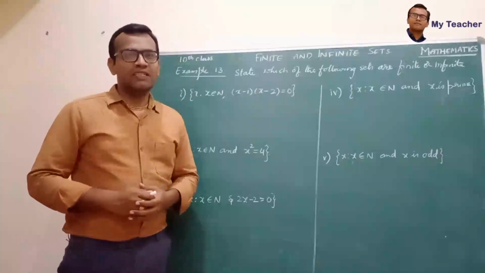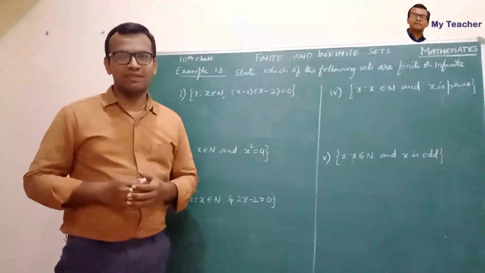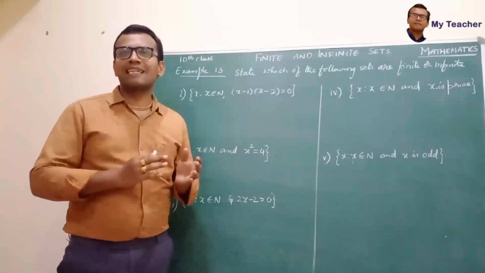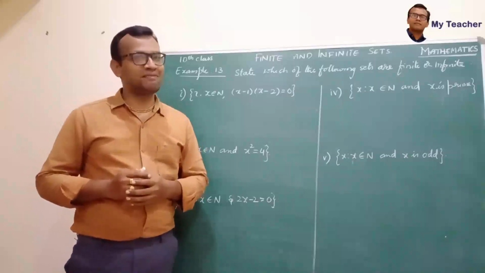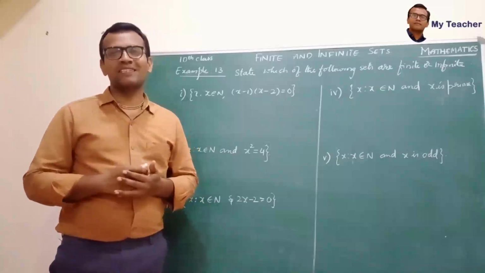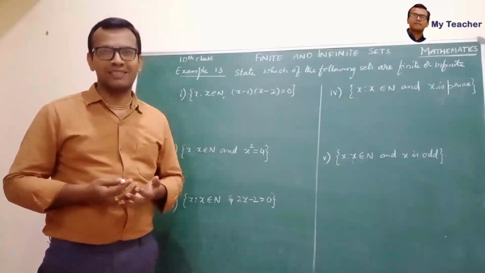So if a set contains a finite number of elements, expressed in whole numbers, it is a finite set. Otherwise it is an infinite set, which contains infinitely many elements.